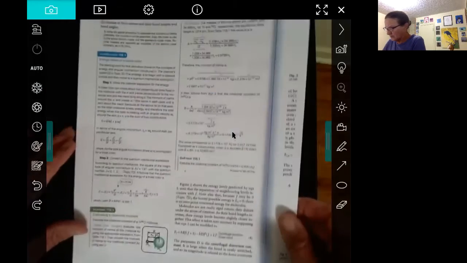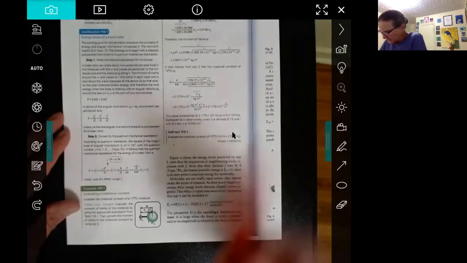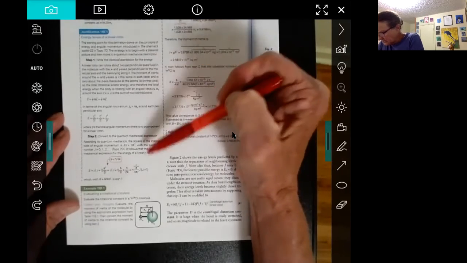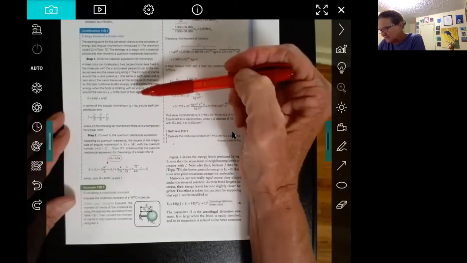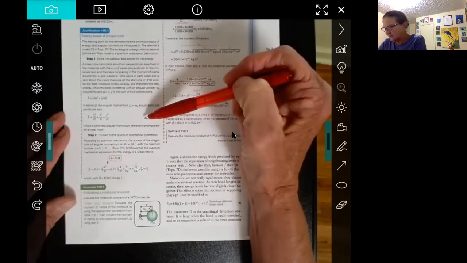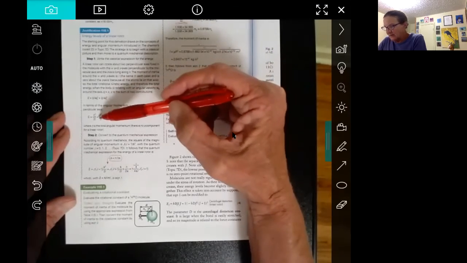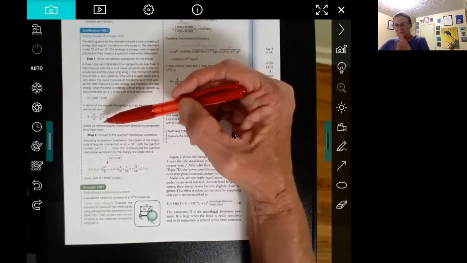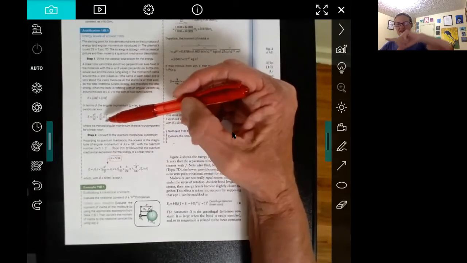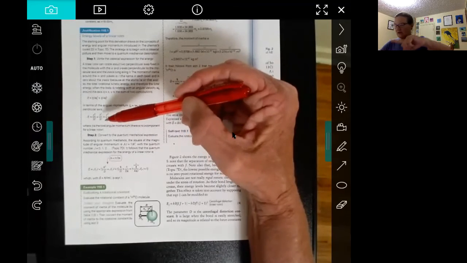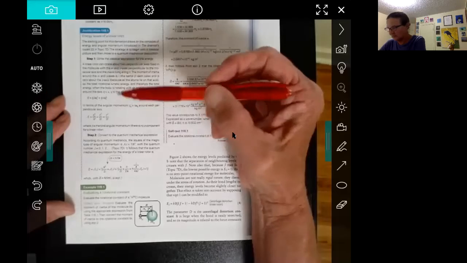So when we have the linear rotor, I don't think we need to go through this just because this is what we already did back in chapter 8, our focus 8. It shows you how if you have a linear molecule, it only has 2 axes of rotation, because if it tries to rotate around the bond axis itself, no nuclei are moving.